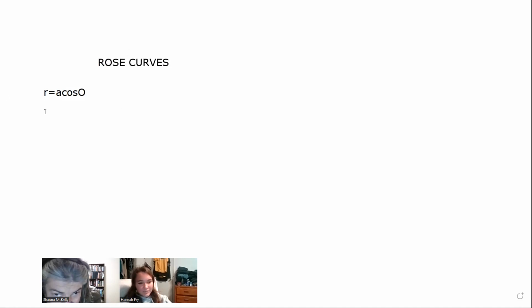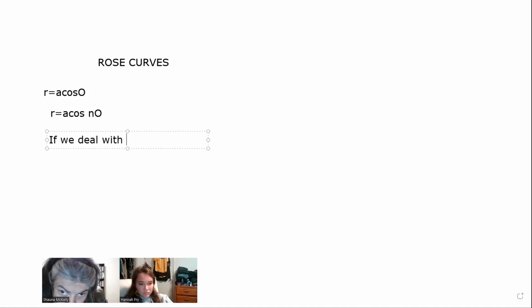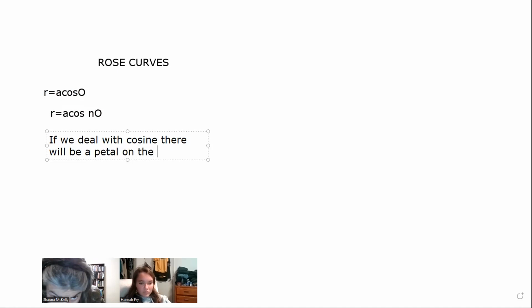If I have a rose curve, r equals a cosine n theta, then if we deal with the cosine function, there will be a petal on the horizontal axis.